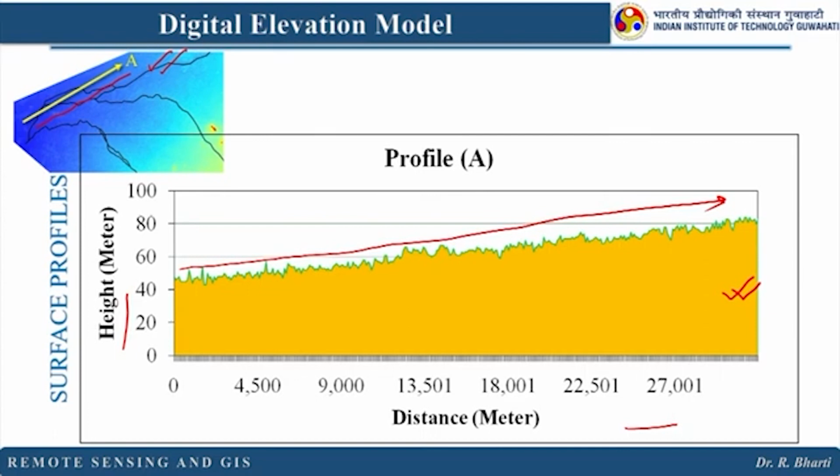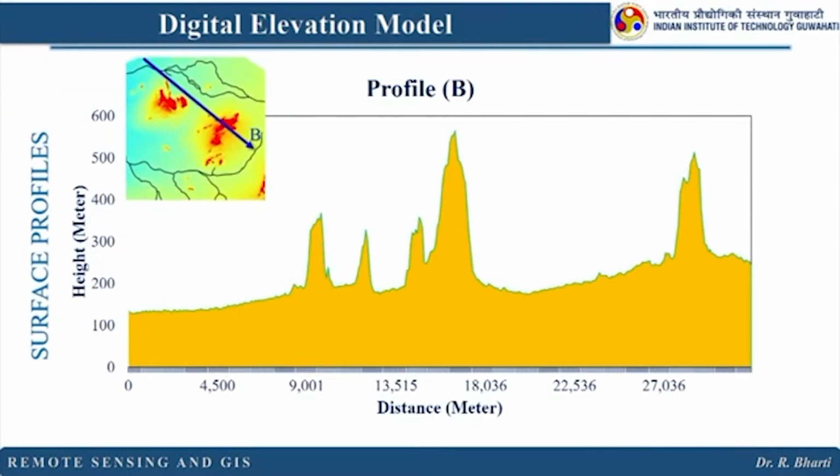This kind of profile can also be extracted from Google Earth, which you can try. In the next section, where we have these hills in between, let us see how they appear. Now you can see this is showing undulation.